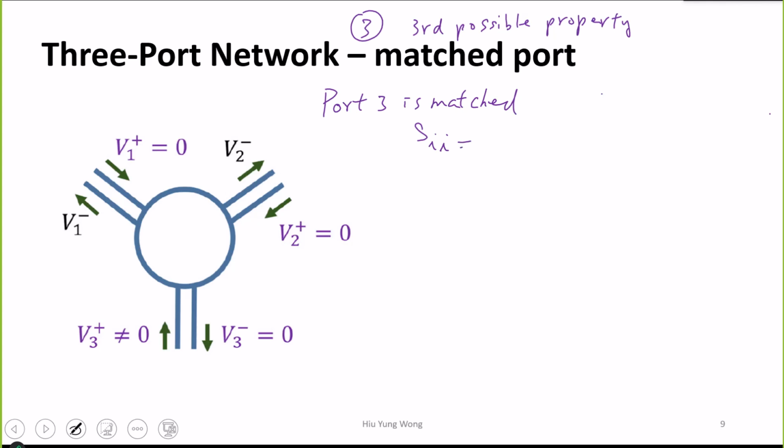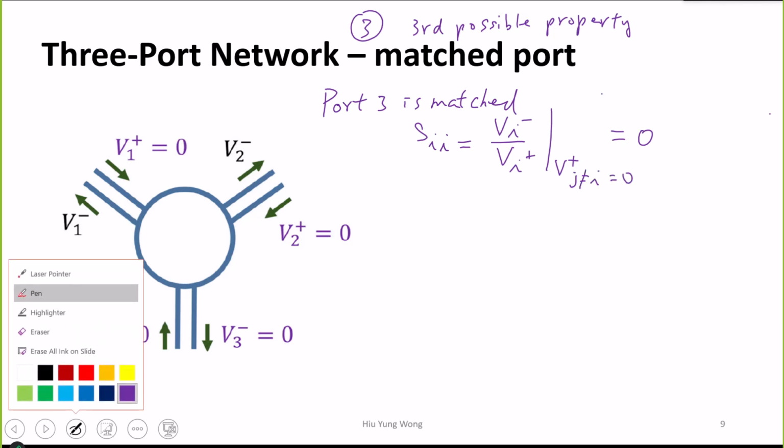Sii equals Vi minus divided by Vi plus, the output divided by input, the reflected wave divided by the incident wave, when the whole thing equals 0. But you also need to make sure that all other inputs, j not equal to i, equal 0.